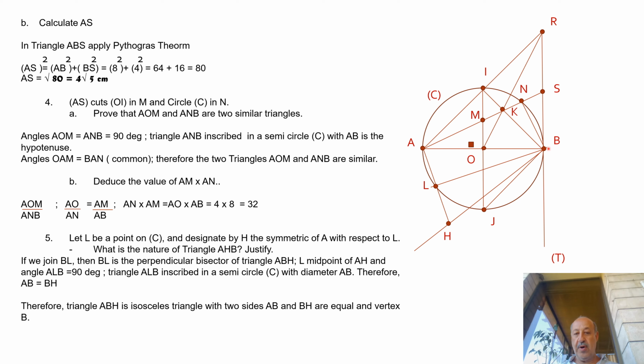So therefore, BL is the perpendicular bisector of AH. Hence, if BL is the perpendicular bisector of AH, therefore AB and BH are equal. Therefore, triangle ABH is an isosceles triangle with two sides equal and the vertex is B.